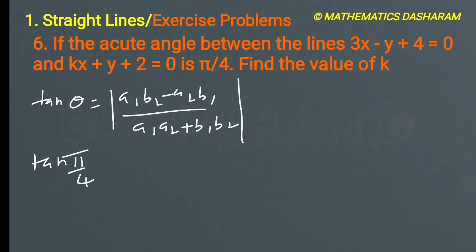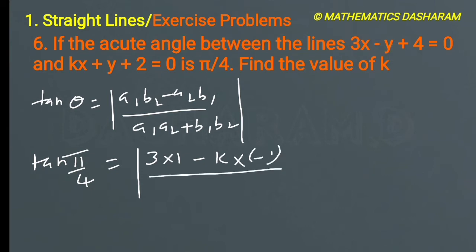So tan pi by 4 equals a1 b2, a1 means the x coefficient 3, into b2, the y coefficient 1, minus a2, the x coefficient k, into b1, the y coefficient -1, divided by a1 into a2, the x coefficients in both equations, 3 into k, plus b1 into b2, the y coefficients, -1 into 1.